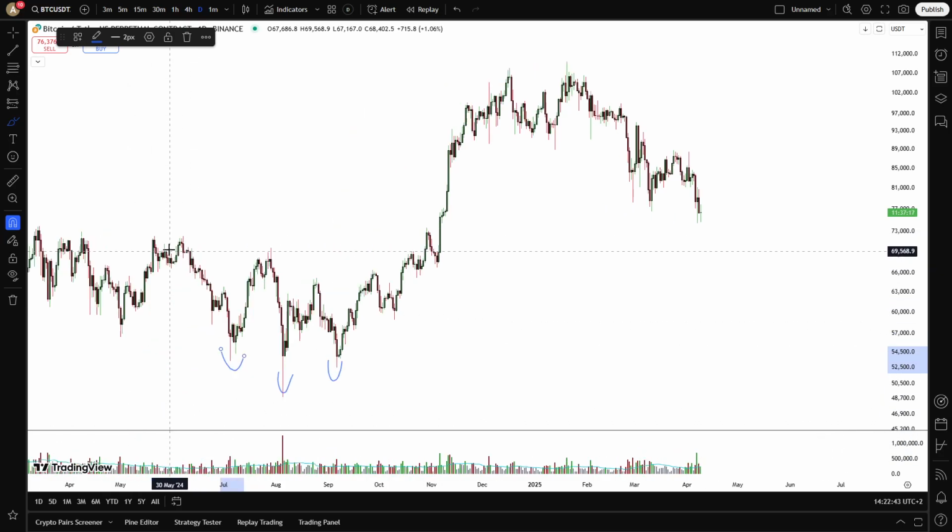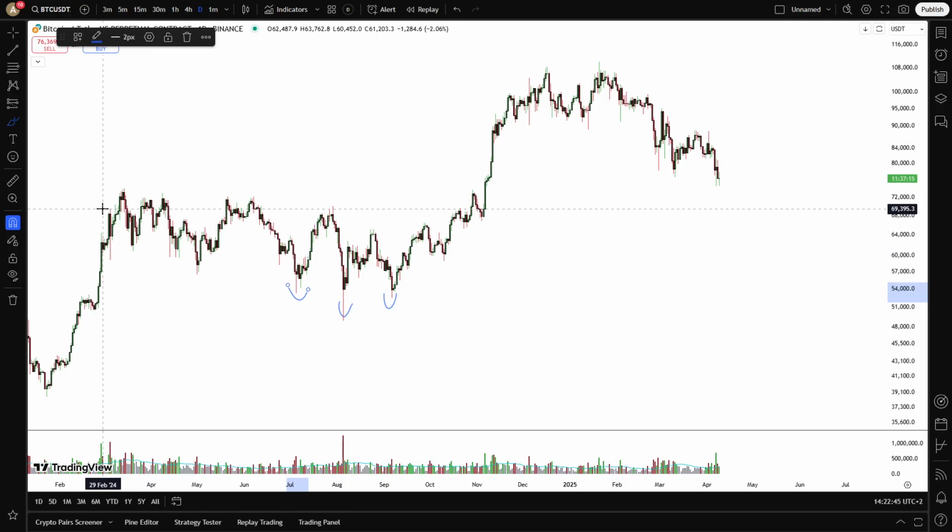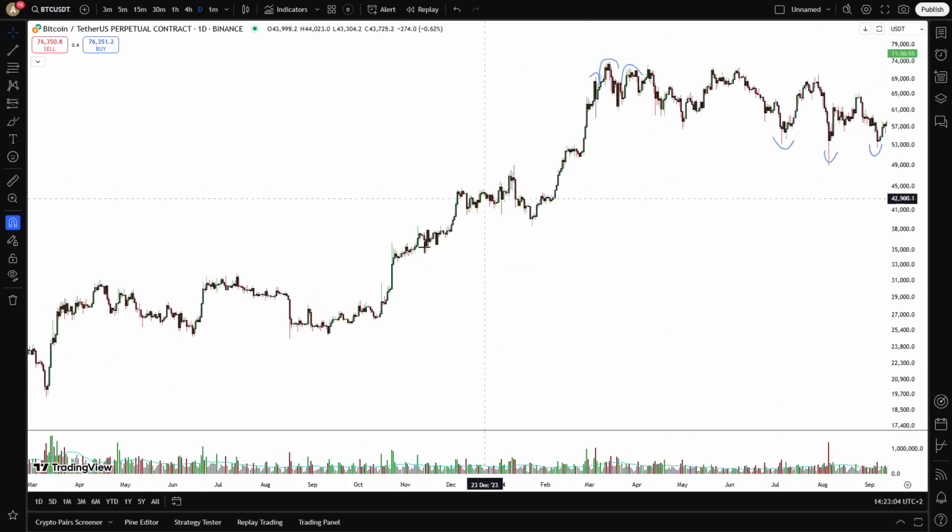Okay. It can also be found like this. Here it's way closer to each other, but still having the same effect. Yes? Here, of course, we know how this played out. You got a 30% dump after this.